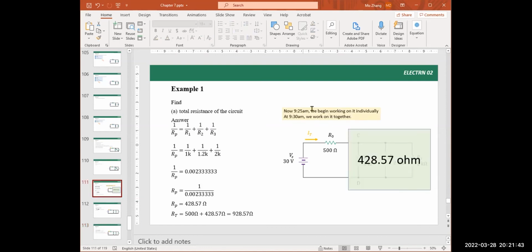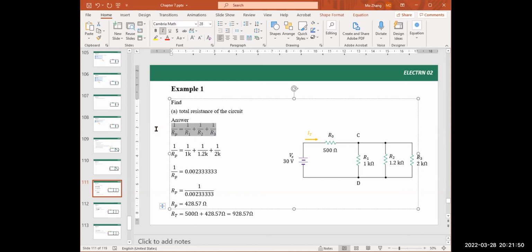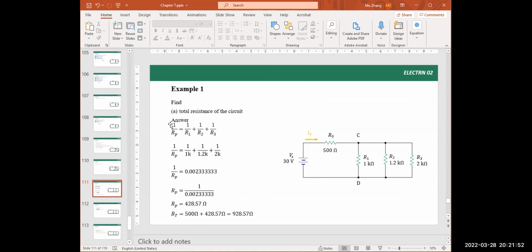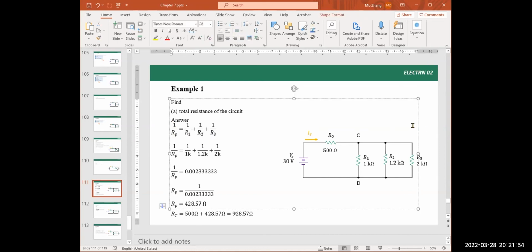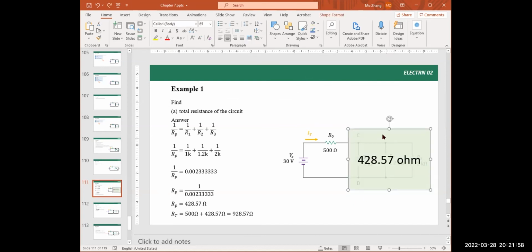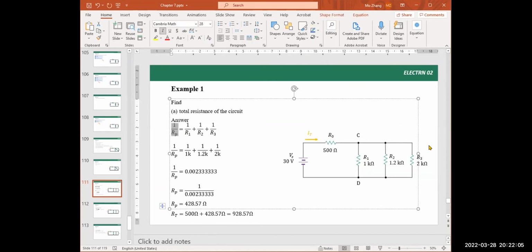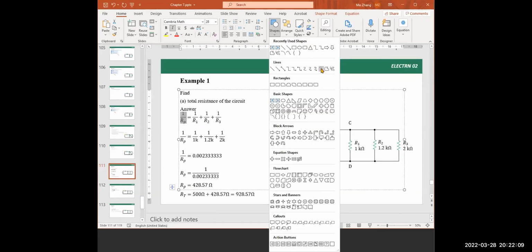The total resistance is obtained using the reciprocal formula. 1 divided by the total parallel branch, which is here. Let me erase, okay. 1 over this part. Let me still draw a circuit here.